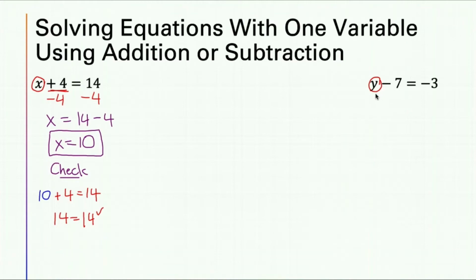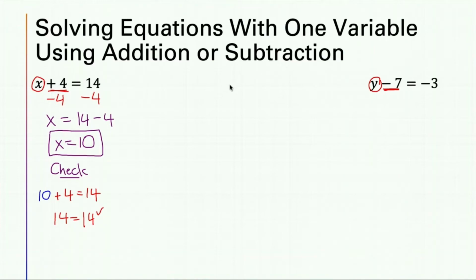And we see what is interacting on this side. What is interacting with our variable? We can see that this 7 is being subtracted from y. You can also say that negative 7 is being added to y, but I think that would be a little confusing for you guys.